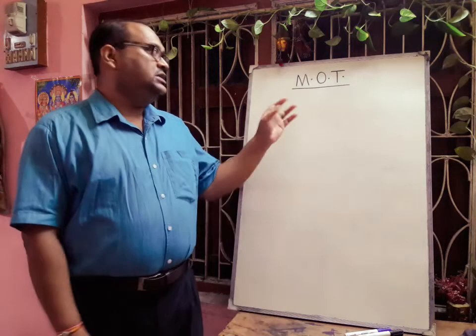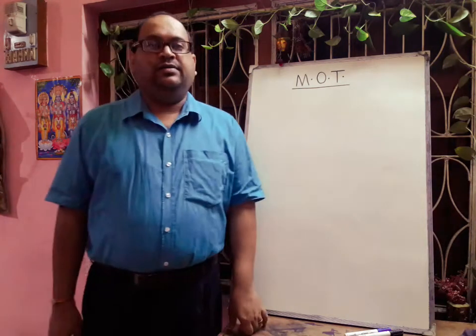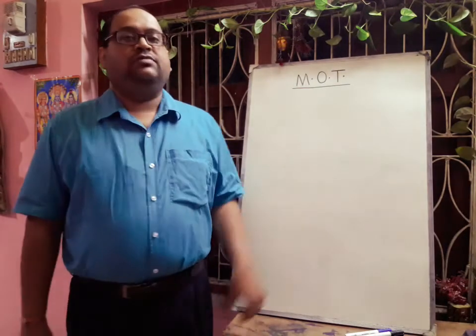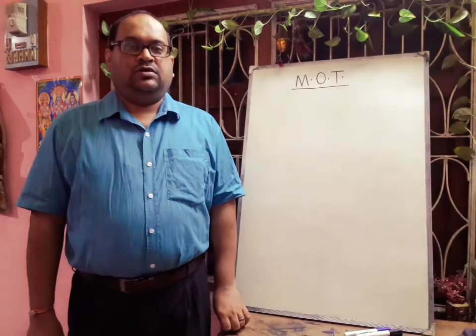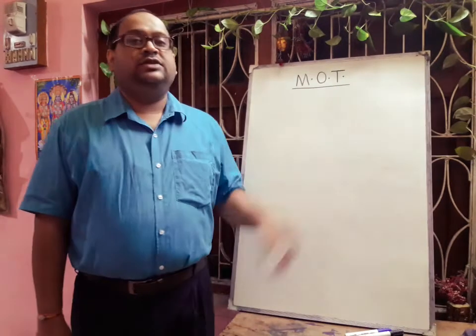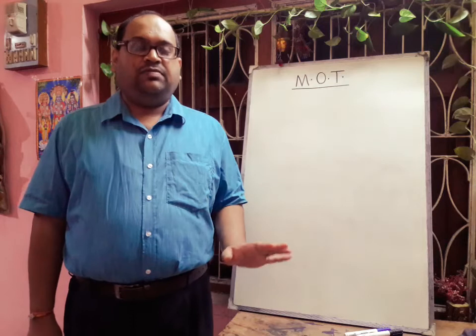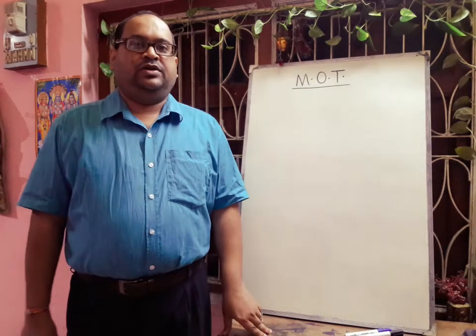So before discussion of molecular orbital theory, you have to know why this theory is required, or why this theory is introduced. So we have to know what are the limitations of valence bond theory.